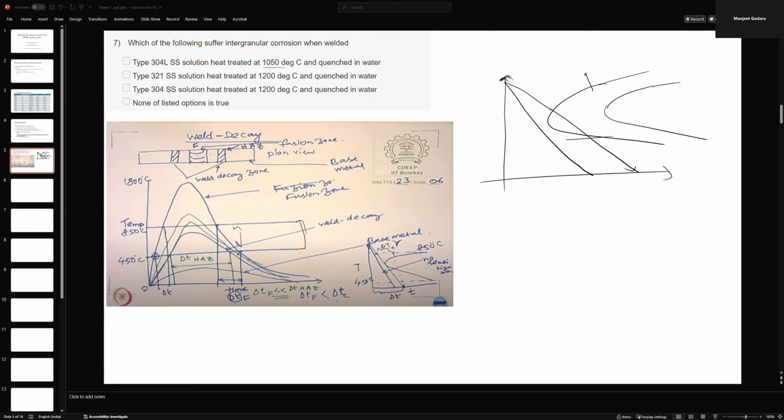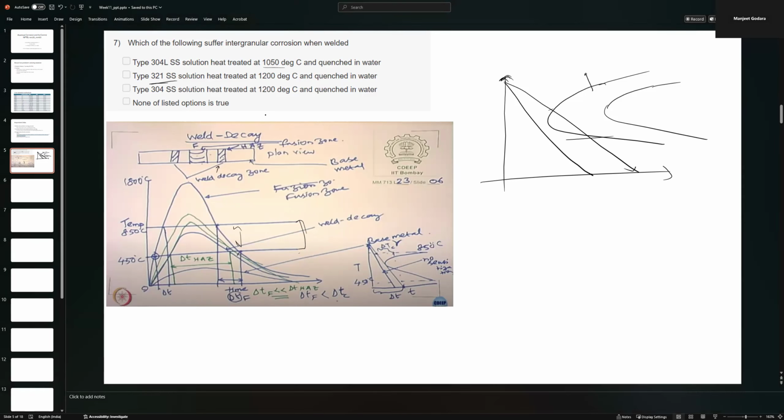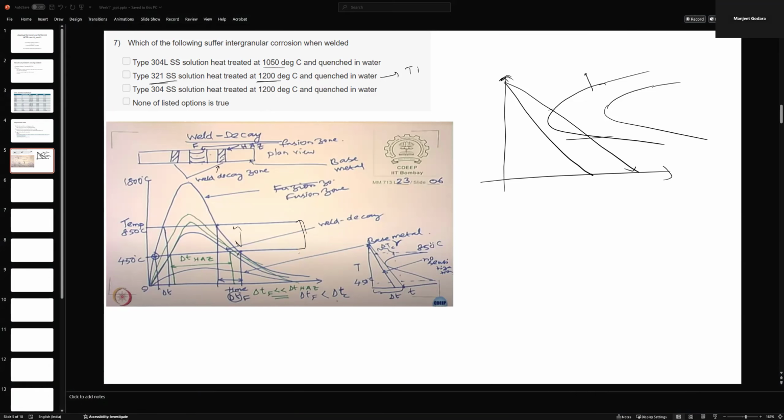I think it's this one, type 321. If you're heat treating at 1200 degrees, it has titanium. See, heating to above 1200 degrees centigrade will dissolve all carbides.